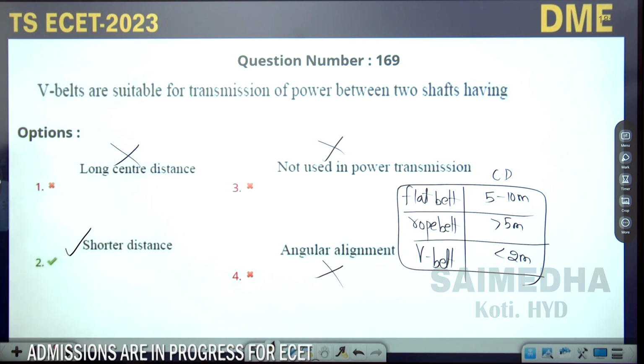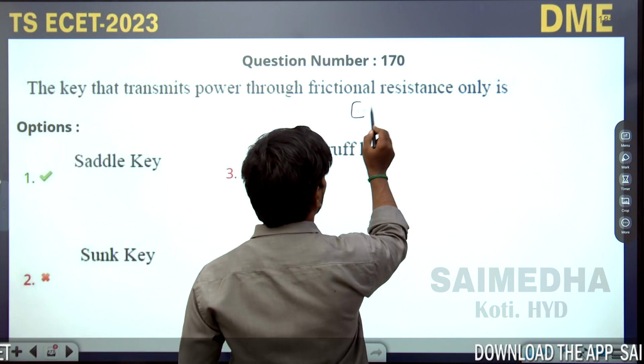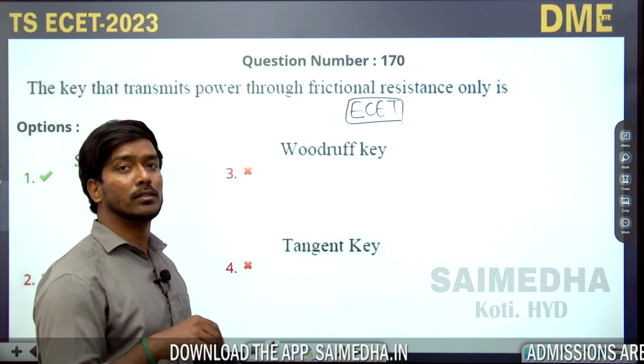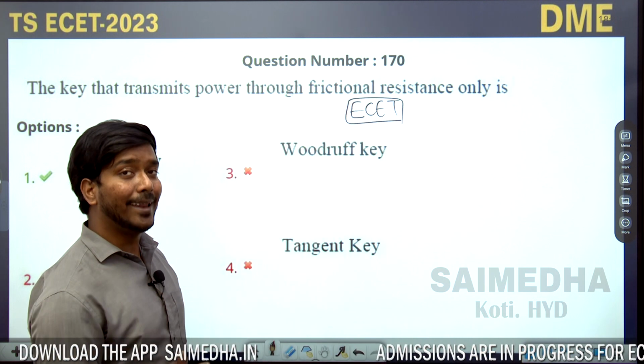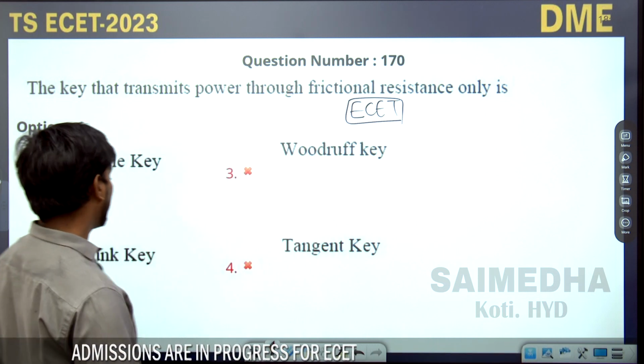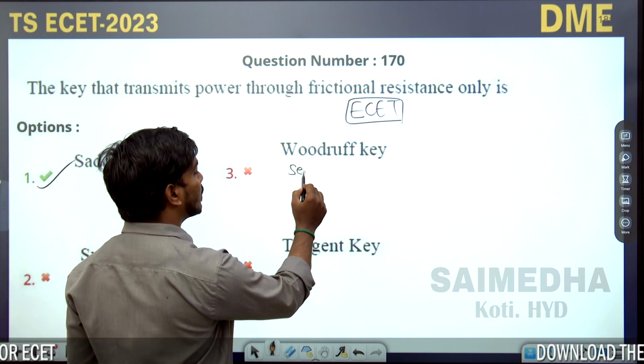Next point. The key that transmits the power through frictional resistance. This is a previous ECET question already asked. The definition of saddle key is that it transmits power only through frictional resistance. So what is the correct answer? Saddle key. Woodruff key is a semicircular sunk key.